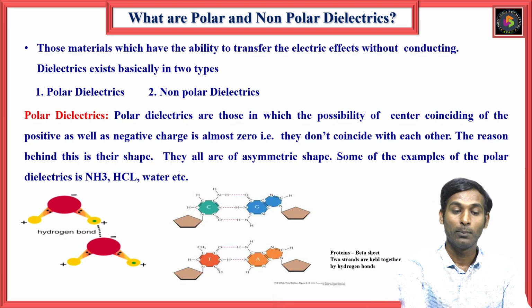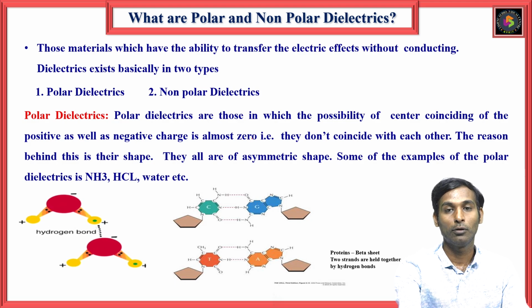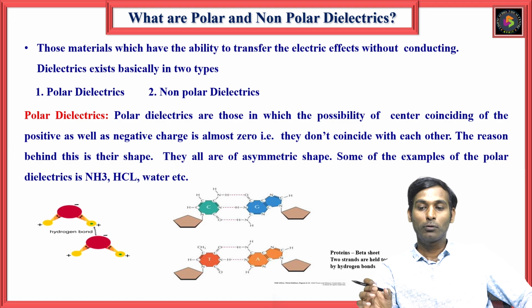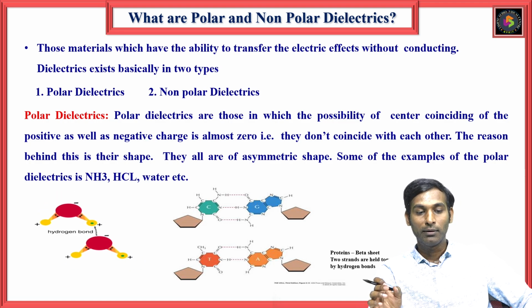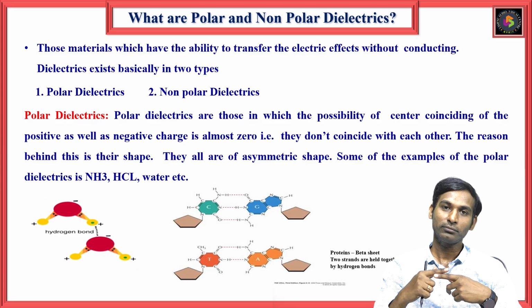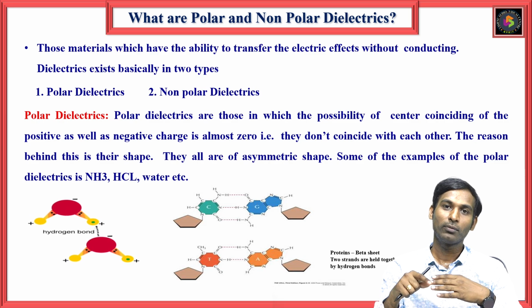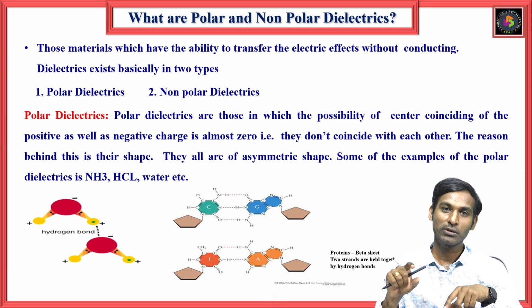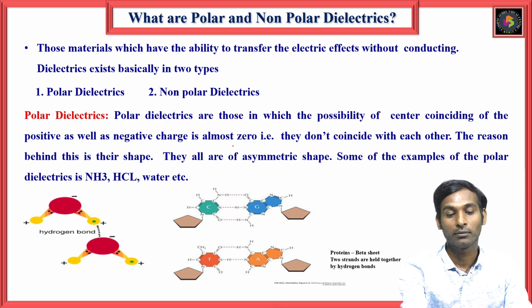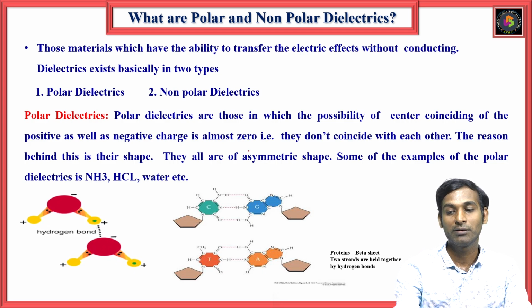So here, polar dielectrics are those in which the possibility of the centers of positive and negative charge coinciding is almost zero. That means the center of gravity of positive and the center of gravity of negative charge do not coincide with each other.